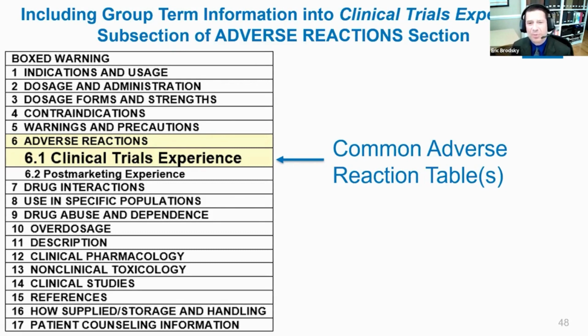For the purposes of this presentation, I'll be mostly referring to the common adverse reaction table, but as you know, sometimes it's appropriate to have several adverse reaction tables, particularly if pooling is inappropriate, potentially different durations of trials, different dosages, different populations, adult versus pediatrics.